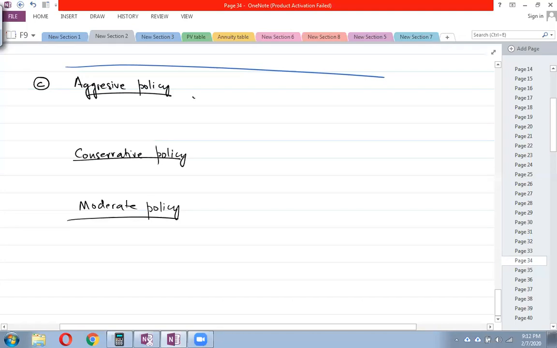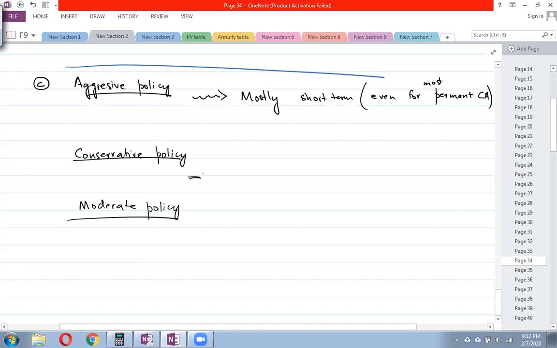So aggressive policy, we said, mostly short term, even for most permanent current asset.